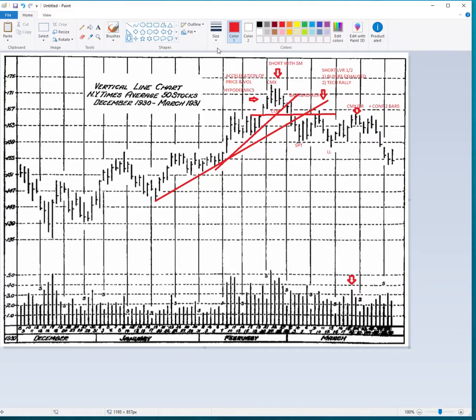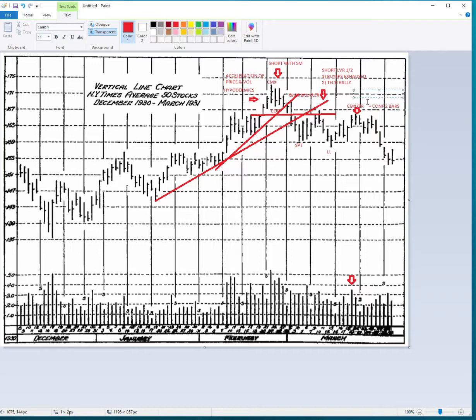Okay, the other thing that he really likes is the lower high. The lower high at that point. So it has all that volume, but it makes a lower high. That is something else that he really likes, and he actually calls that final confirmation.